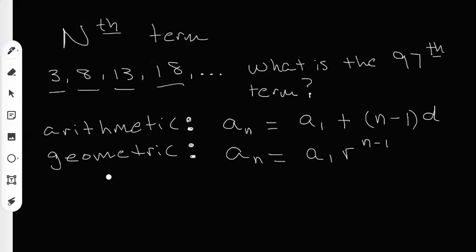So let's figure this out. What's the 97th term of this sequence? Well, what am I adding by each time? That's going to be the difference, right? What am I adding by each time to get from one term to the next? I'm adding by what? 5, right?